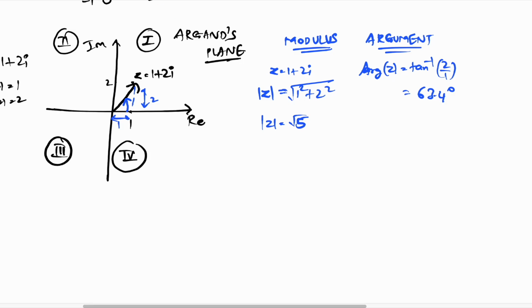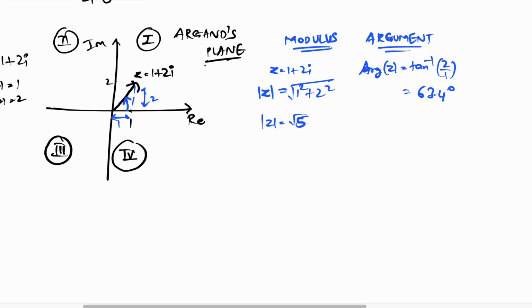Okay, so this was the case when my complex number was in the first quadrant. Suppose my complex number is now in the second quadrant. I'll consider a complex number in the second quadrant, Z2 equals minus 1 plus root 3i.